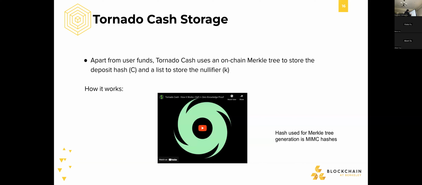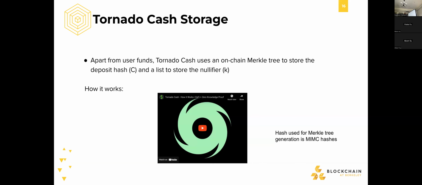And the way that Tornado Cash does it is that let's say you're storing these C values for 4 different transactions, it might be C0, C1, C2, C3. It's basically a textbook Merkle tree implementation. At each level, you propagate the 2 transactions that are right below it, and it eventually goes up to a root.